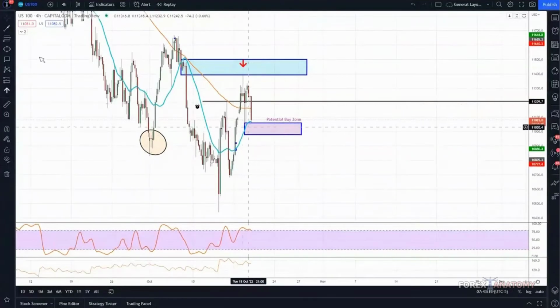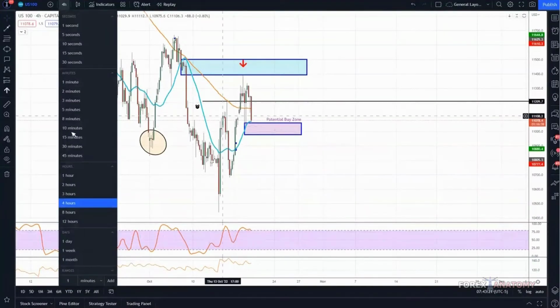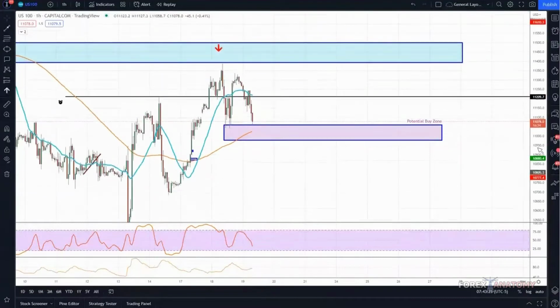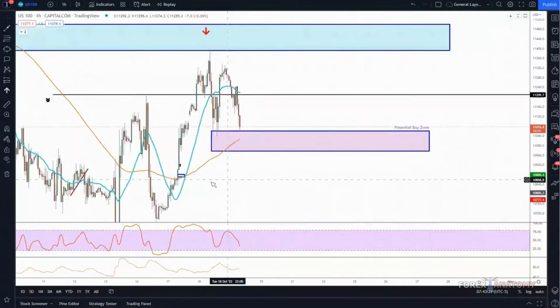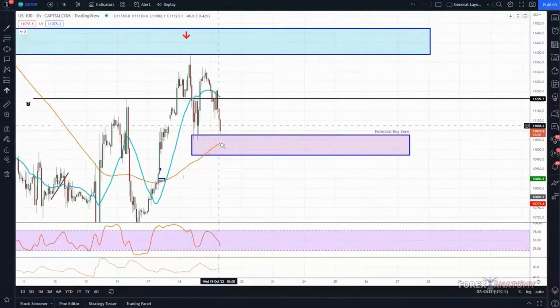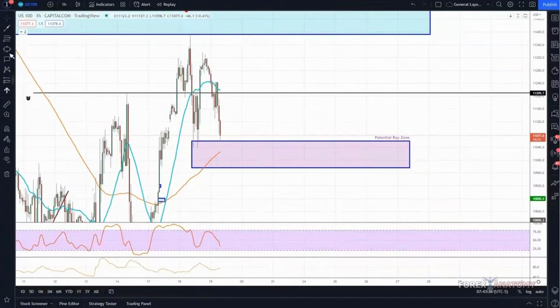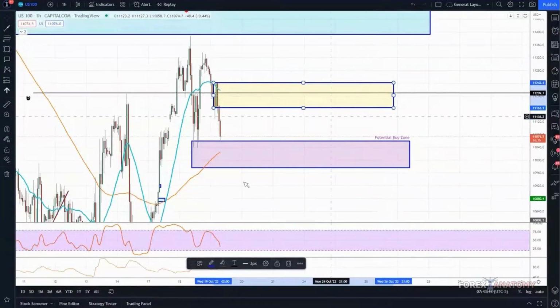But in this case, we see that price gave us this reversal on the 4-hour. What I'm going to do is simply wait for price to reverse on the 4-hour, because even on this way down, in order for price to go up, we have all this structure. We have this area right here, which could act as an area of supply.